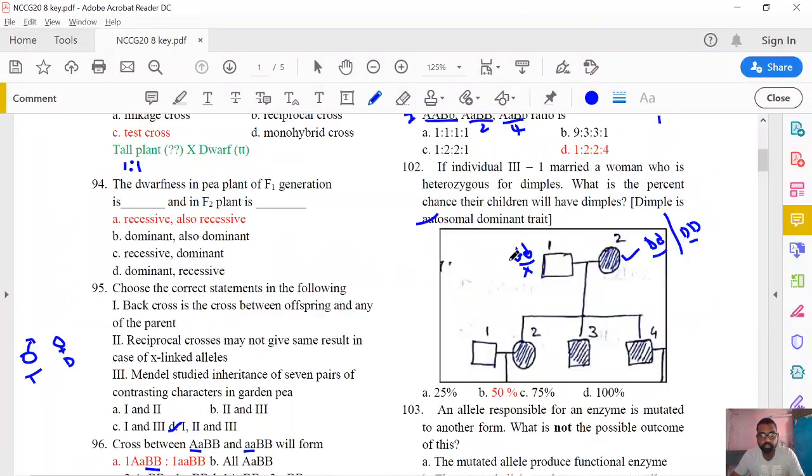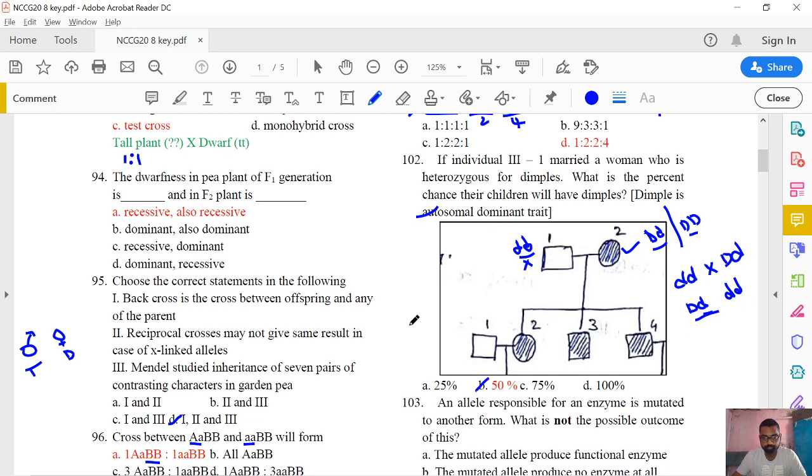In this case, when a person with this condition is married to a heterozygous dimples person, that is capital D, small d, what is the possibility of the children to have dimples? So two possibilities I'll get here. One is this, the other one is this. So these are the only possibilities. Therefore, 50% of the individuals will have the dimples. So the answer is B.